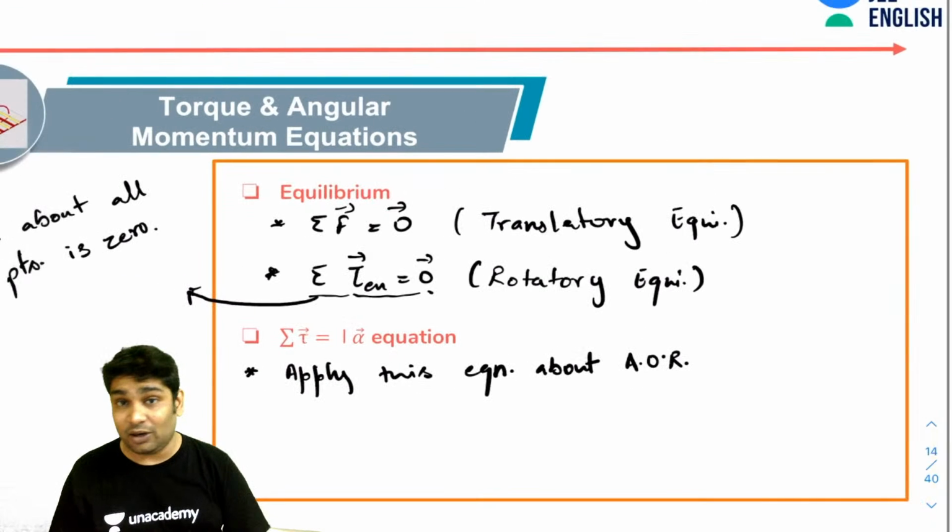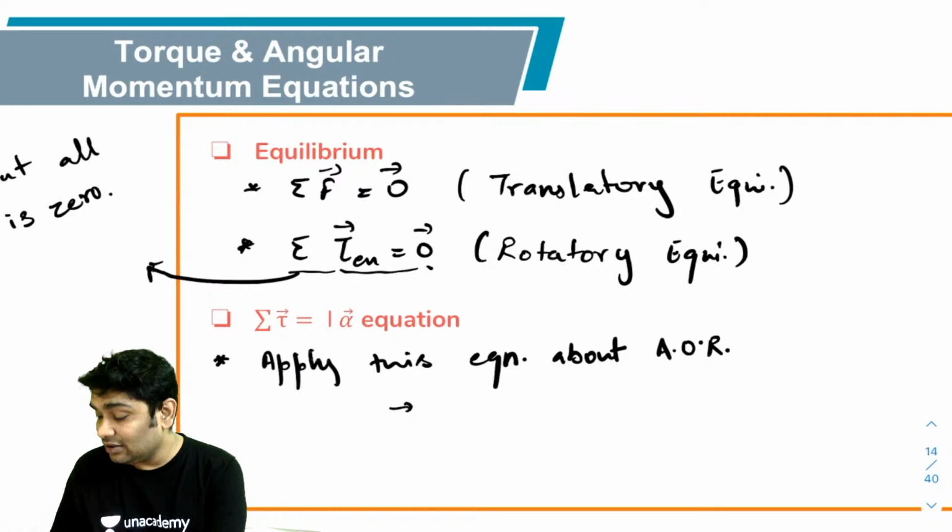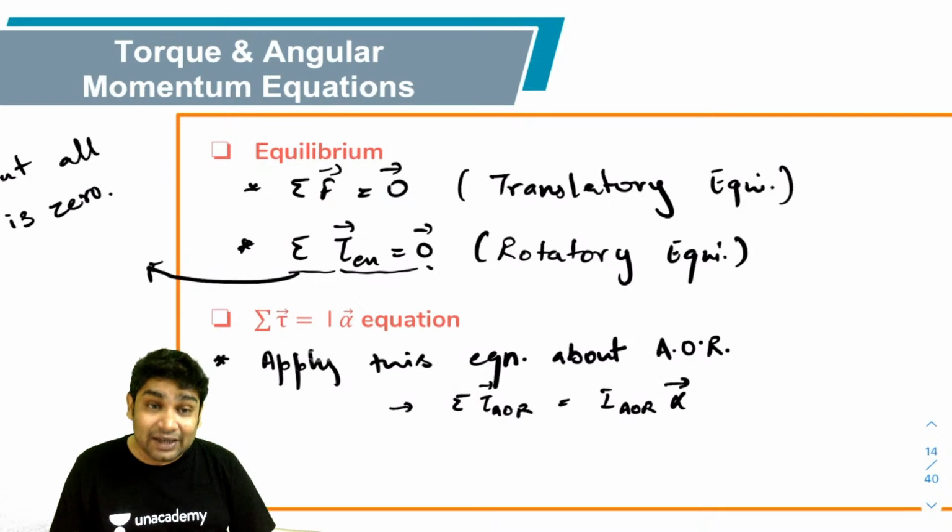If you apply it about the axis of rotation, then you can say that the summation of all taus about the axis of rotation would be equal to I of the axis of rotation times alpha. Please remember that when you're applying this equation, you're applying it correctly. See what the advantages are of applying the equation about the axis of rotation.